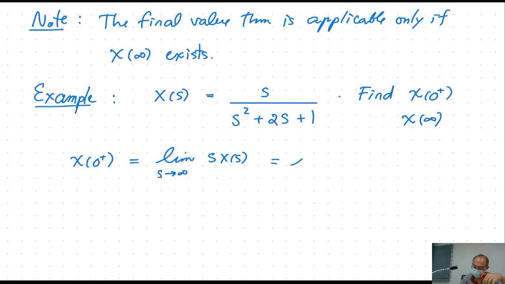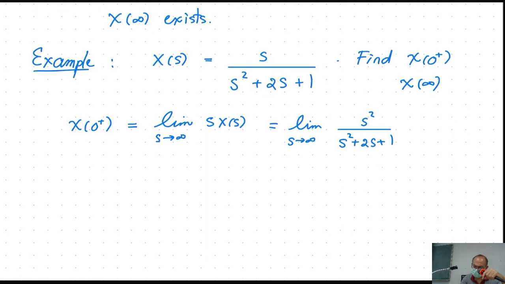So we have limit s goes to infinity of s squared over s squared plus 2s plus 1, and this is equal to the limit when s goes to infinity. We divide both the numerator and denominator by s squared. So we have 1 over 1 plus 2 over s plus 1 over s squared.